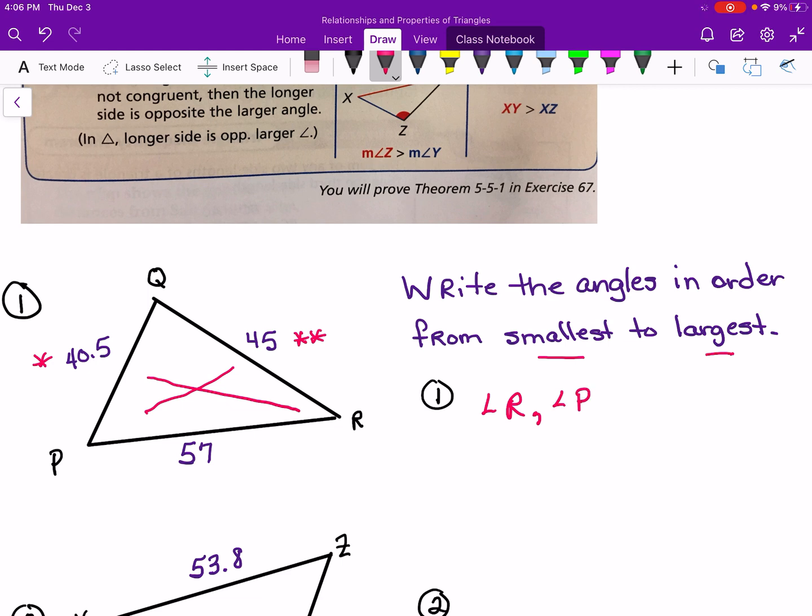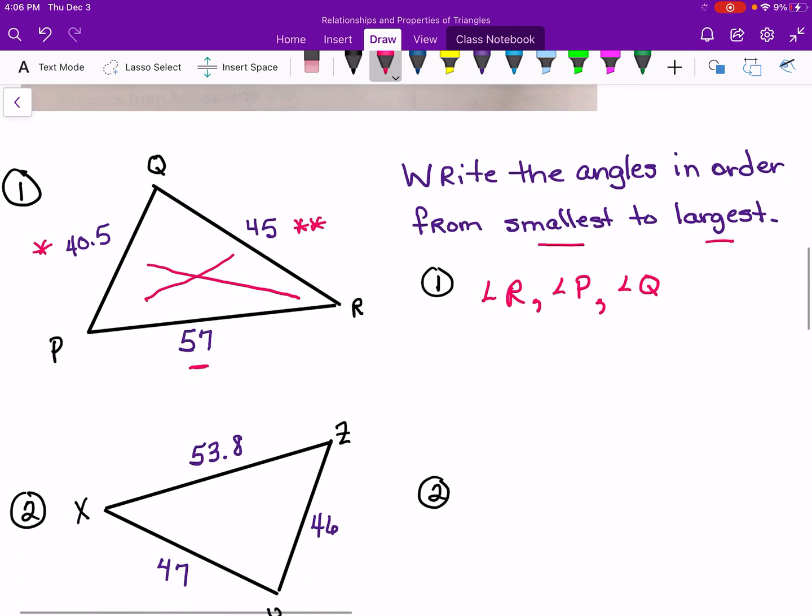And then finally, my largest side is the 57. It's going to be across from the largest angle. Again, it's not really difficult, but we're practicing becoming observant in reading our instructions and in looking at our pictures.